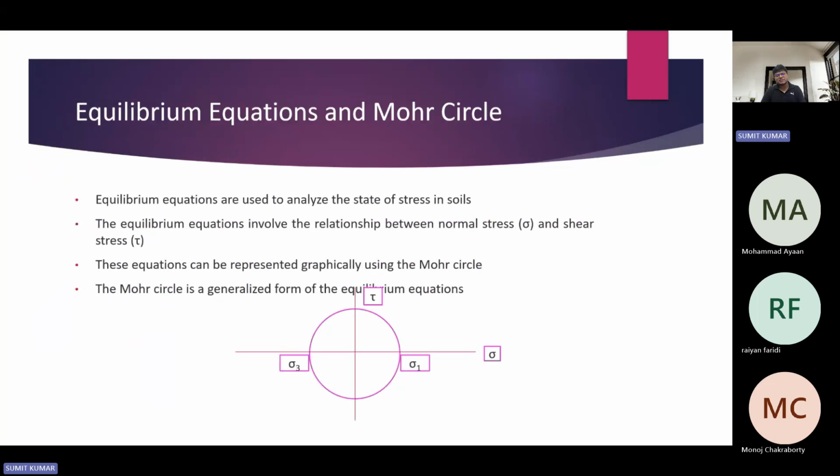Over here, sigma 1 and sigma 3, the principal stresses acting, are shown on the x-axis, while the radius of this Mohr circle, irrespective of whether the center is at the origin, is said to be the shear stress developed at that point.